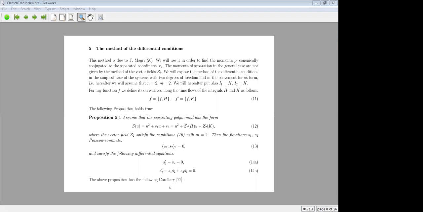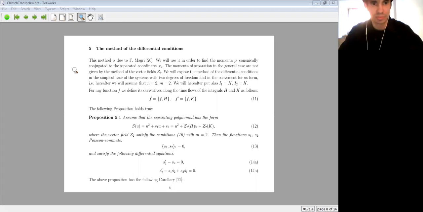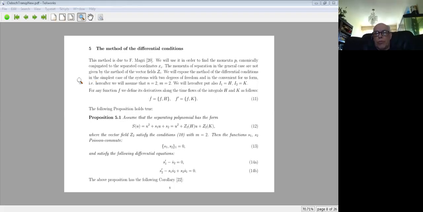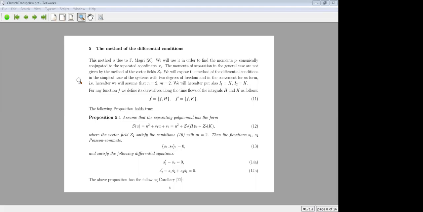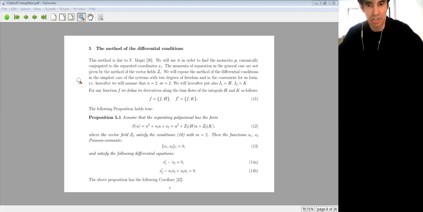Okay, I have started to explain the method of differential conditions. Have you heard this part? Joseph, can you repeat this page? Yes, fine. Page 8. Okay, page 8.